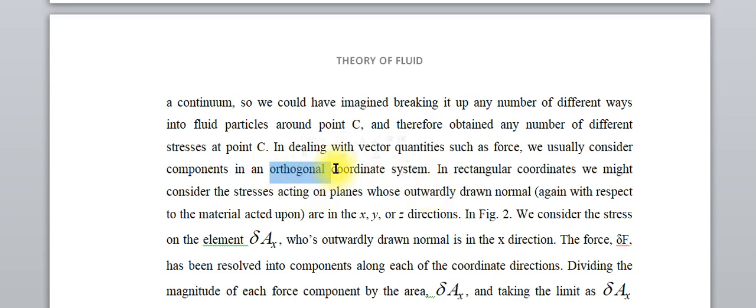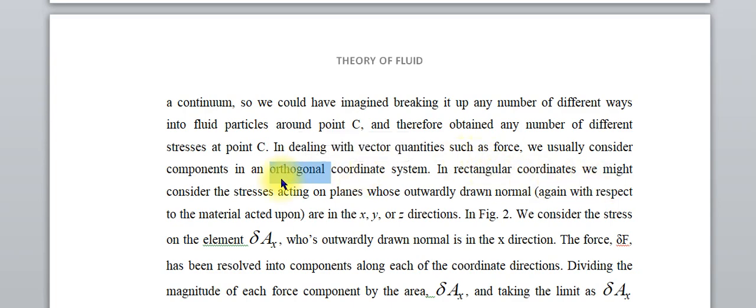I have already discussed the orthogonal coordinate system. In rectangular coordinates, we might consider the stresses acting on planes. In this, we consider normal and tangential coordinates: the force which is acting normal or tangent to the plane.